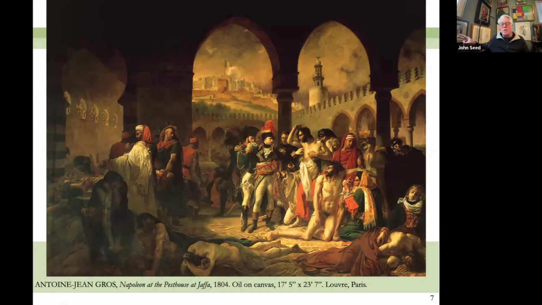Around him, you can see Napoleon's soldiers, who don't yet know that the bubonic plague was transmitted by rats and mice, holding a handkerchief over his mouth and in awe of the bravery of Napoleon reaching out and healing this man in the house of pestilence. It's presented in a grand historic manner, framed by arches with exotic architecture in the background. And I have to tell you, exoticism is a great romantic theme.